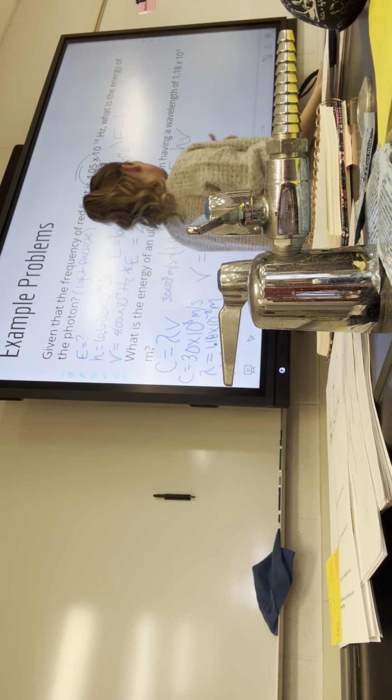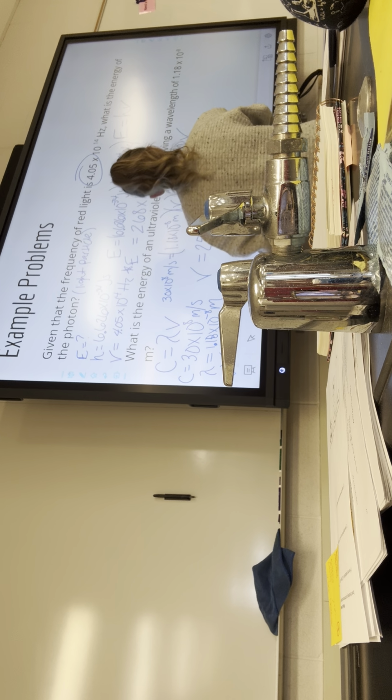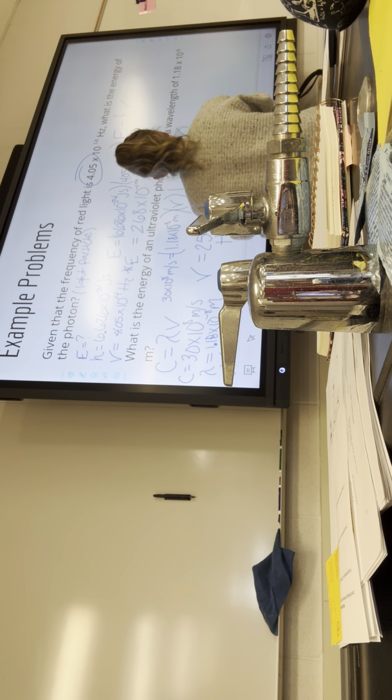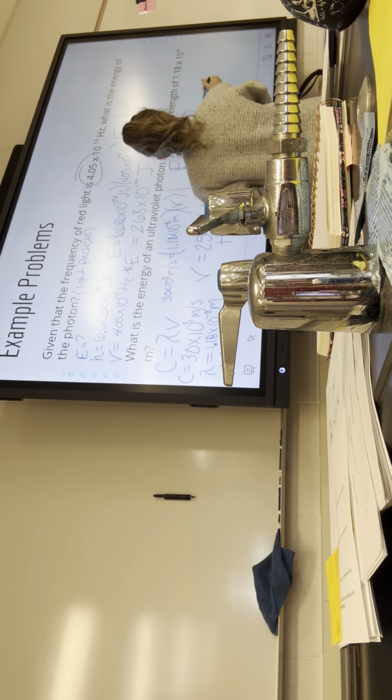Awesome. So now we're going to use our energy equation. E is equal to Planck's constant, which is H, 6.626 times 10 to the negative 34 joule seconds, times our now calculated frequency, 2.5424 times 10 to the 16th hertz.